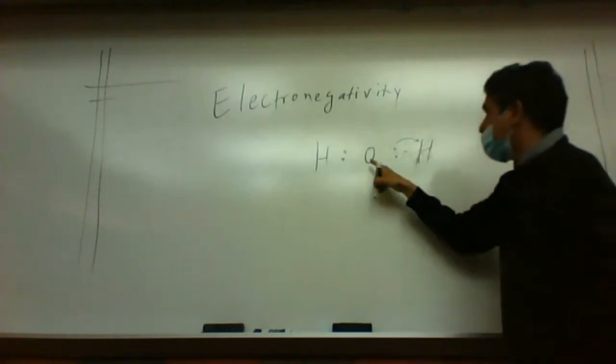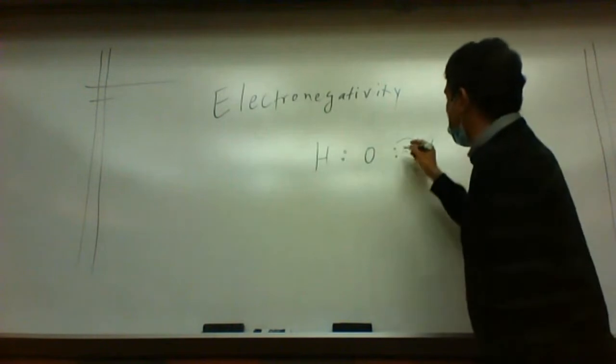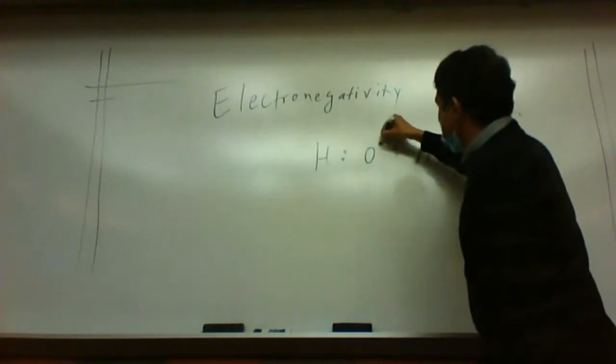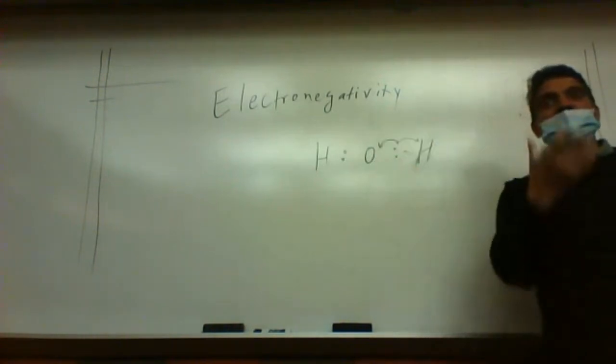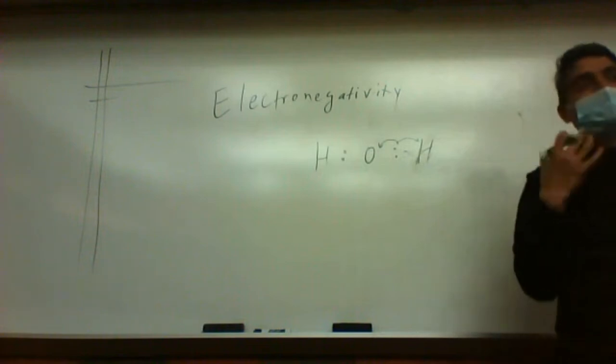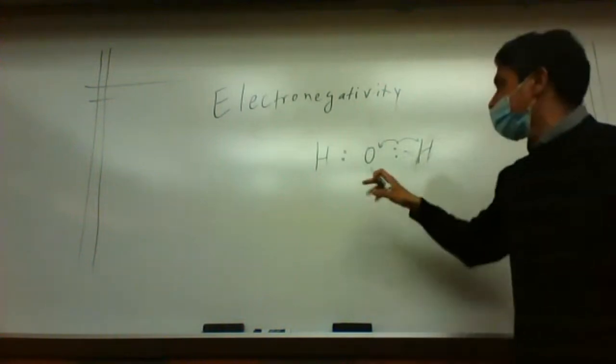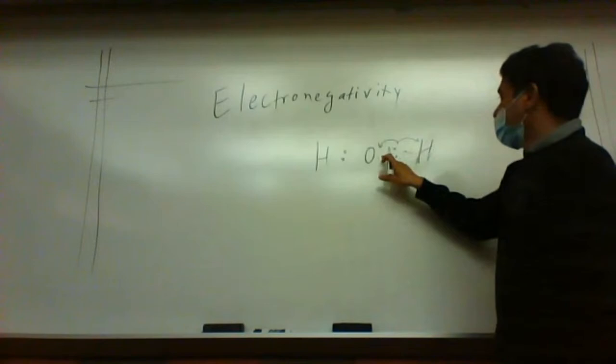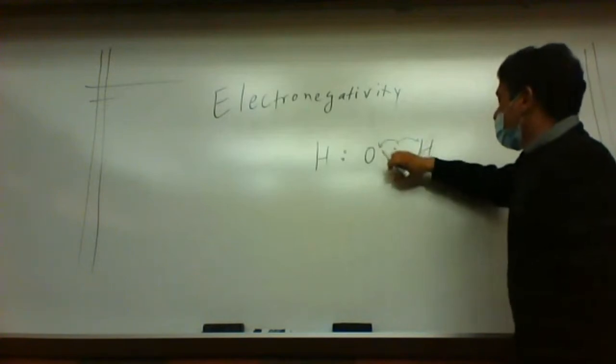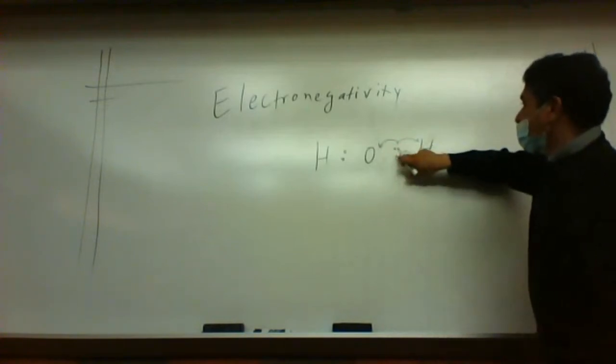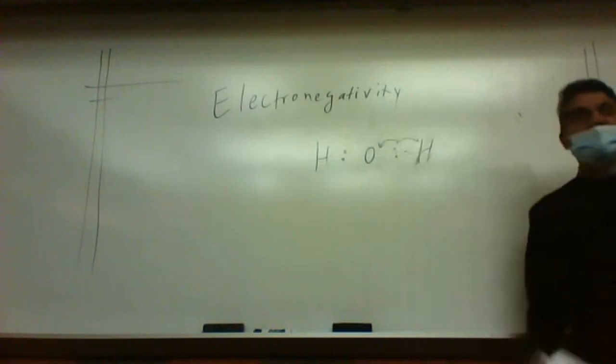But if this oxygen has more force to pull this shared pair of electrons toward it, we call oxygen has more electronegativity. So electronegativity is a characteristic of an atom in a molecule by which it tries to attract the shared pair of electrons toward itself.